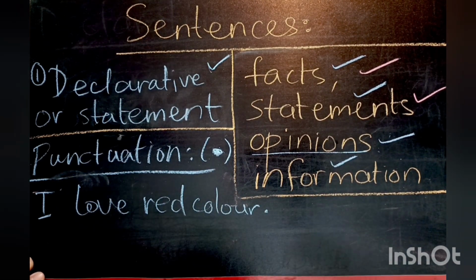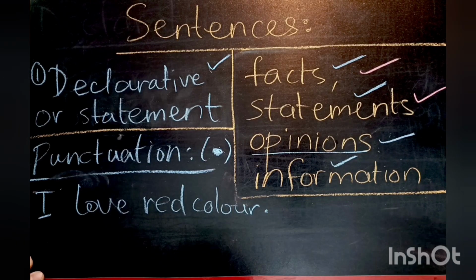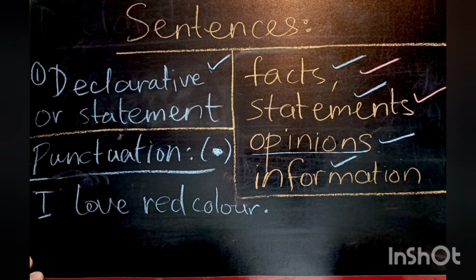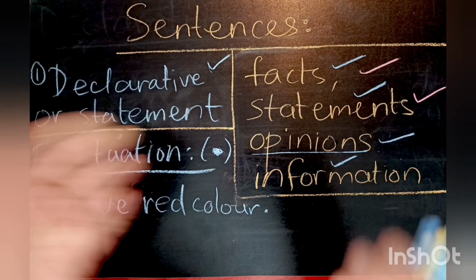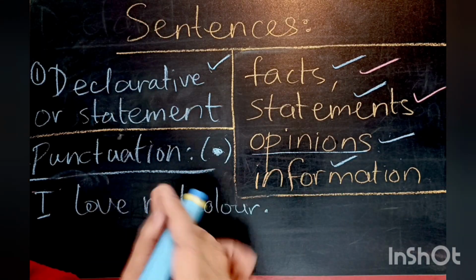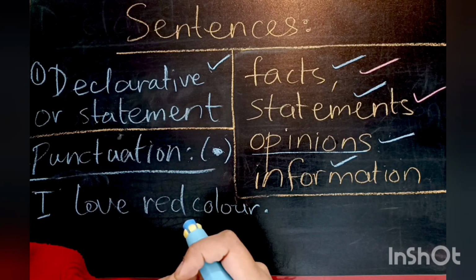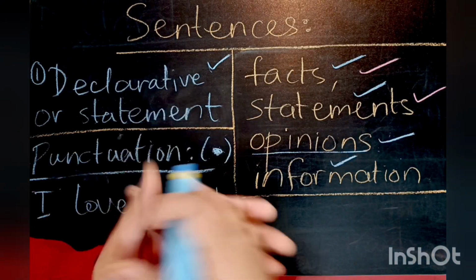What are opinions? Opinions are the thinking or the perspective towards one thing by different people. Okay, so I love red color, but it might be possible that some of you don't like red color and you like yellow color, but I don't like yellow color.